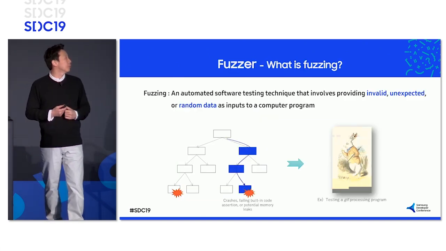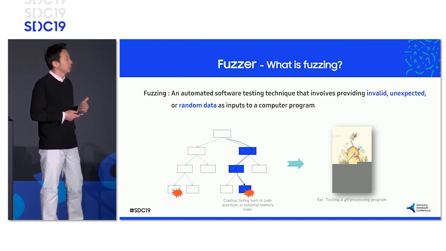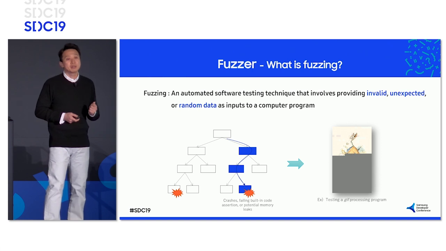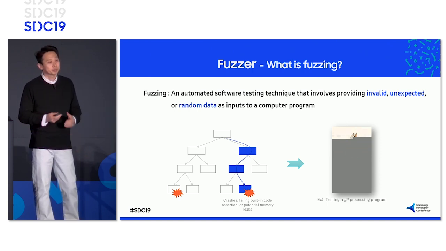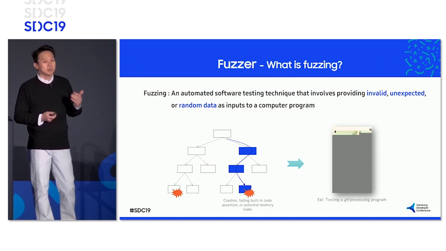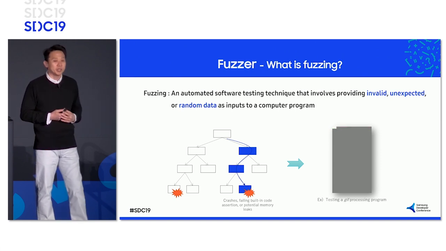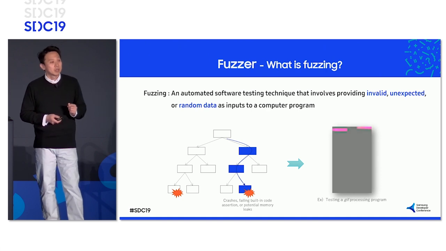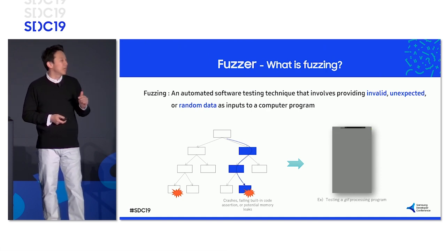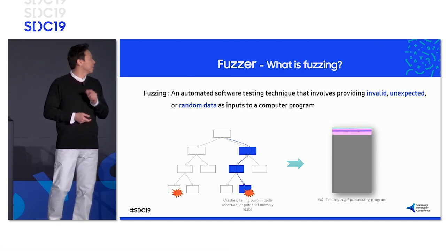Last, our tool is automated fuzzing. Fuzzing is an automated software testing technique to find security-related bugs. We provide invalid, unexpected, or random input to a computer program until the program crashes. To find unrevealed bugs, the fuzzer should be able to travel as many paths as possible.